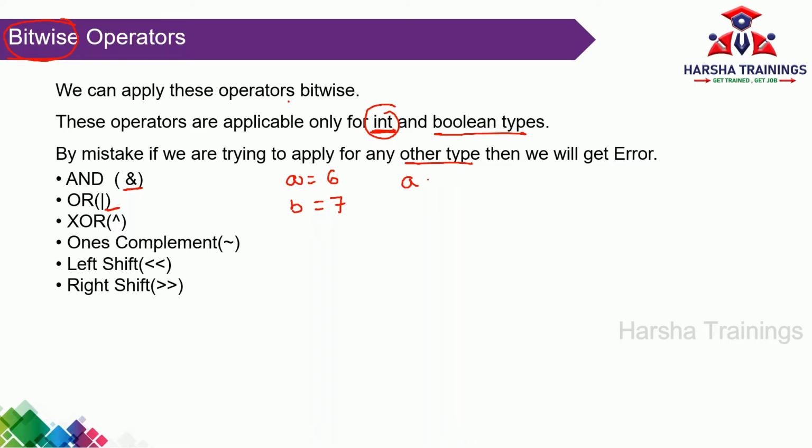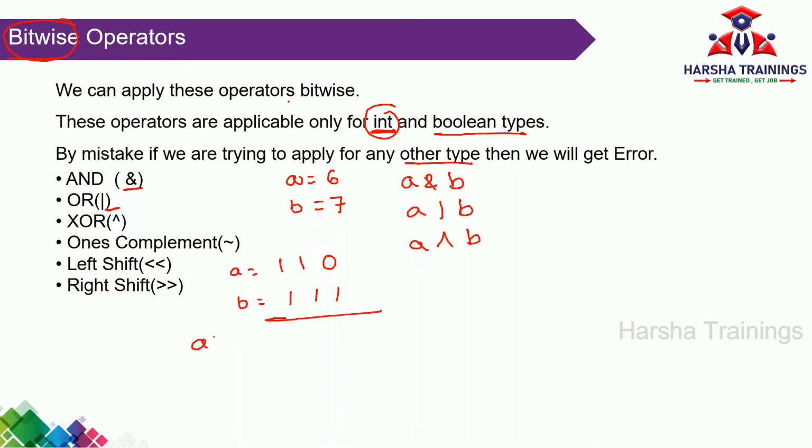Now you have to perform A ampersand B, that is and operation between A and B, or operation between A and B, XOR operation between A and B. First, to convert 6. What is the binary representation for 6? This is the binary representation of 6. 1 1 1. This is the binary representation for 7.